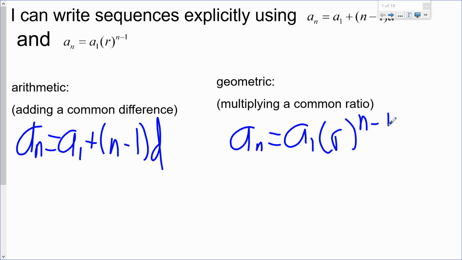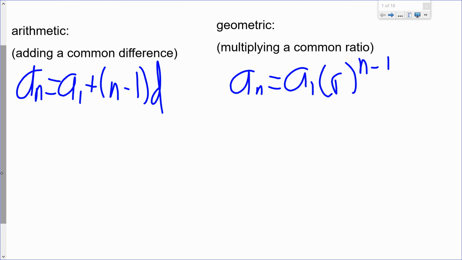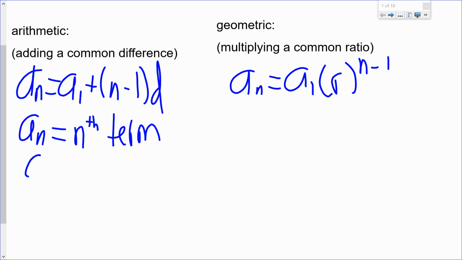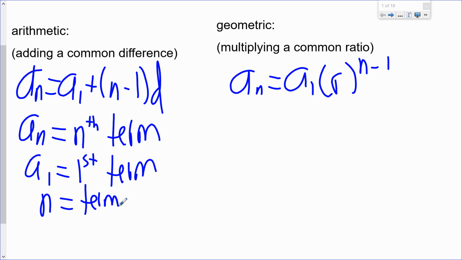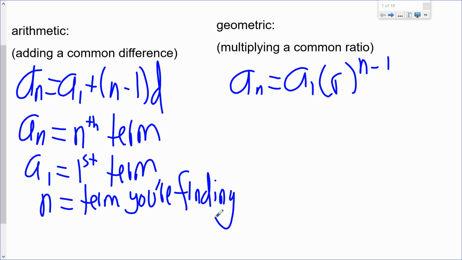Now let's talk about what each of these variables represents. For both of them, a_n is the nth term, a_1 is the first term, n is the term you're finding, and that applies to both formulas.